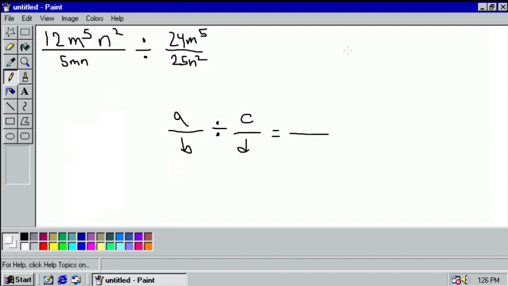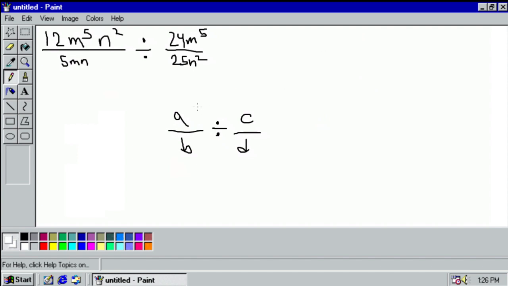But first of all, we need to take the reciprocal of the second one. We need to make it reciprocal, or you can just use the butterfly method. I will teach you that later.